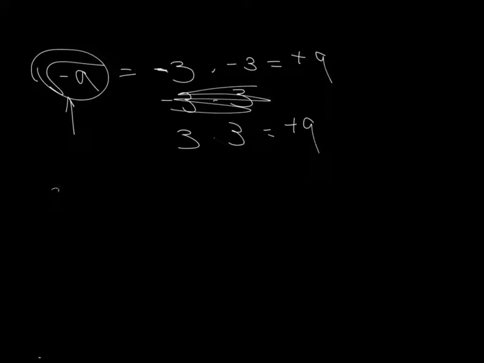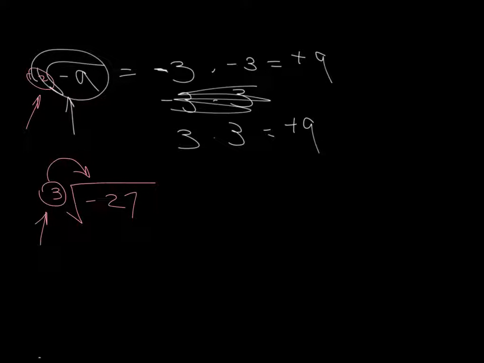Alright, another thing I can do is, what if I have a cubed root of negative 27? Now that's different. If this number is odd, I can take that root of a negative number. But because it was a 2 up here, in this one it had an index of 2, I can't. So if the index is an even number, I can't take the root of a negative. But if it's an odd number, I can.